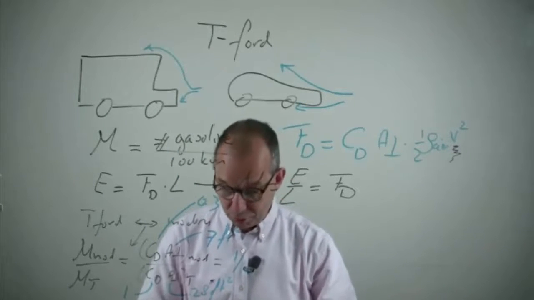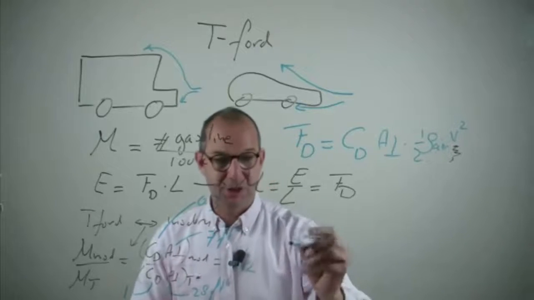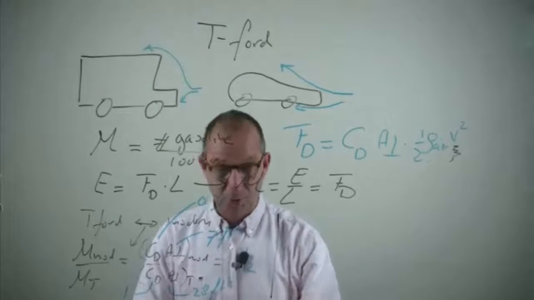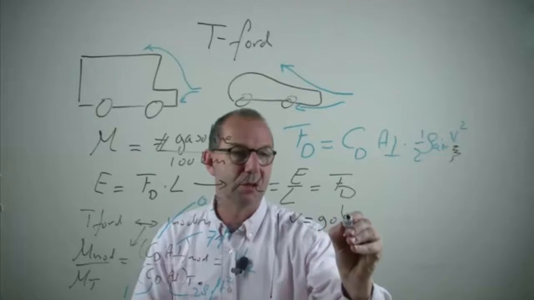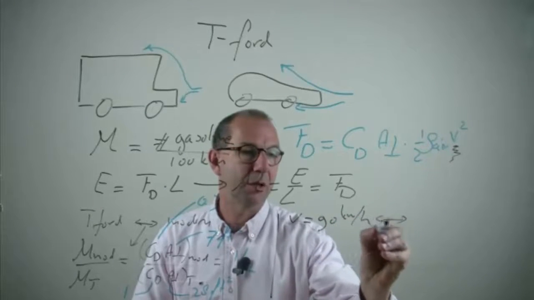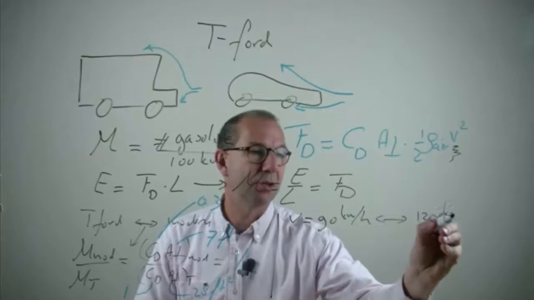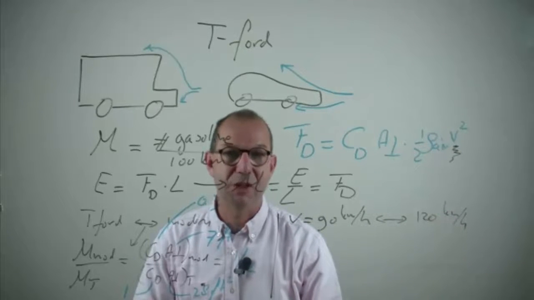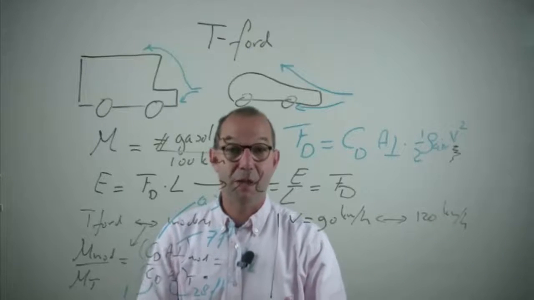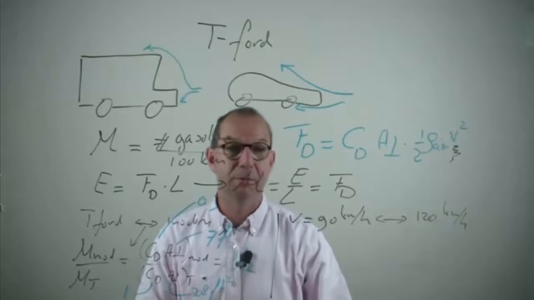Okay, we see how this works. Environmentalists would argue that you better drive at 90 kilometers per hour rather than 120 kilometers per hour from an environmental point of view. Can we understand that? Can we see how that influences the mileage? Yeah, sure.